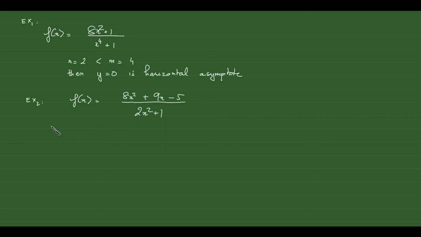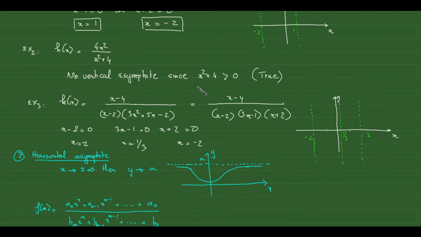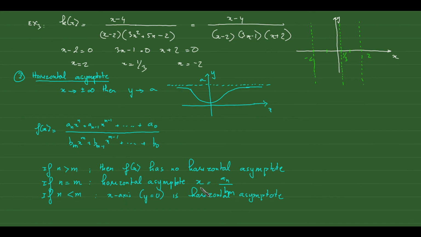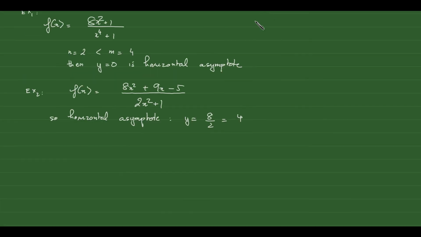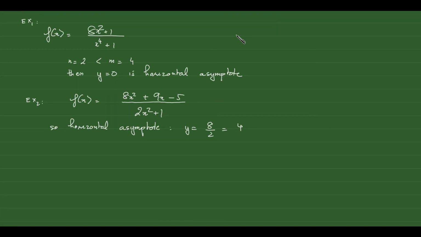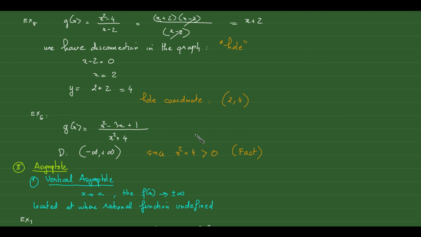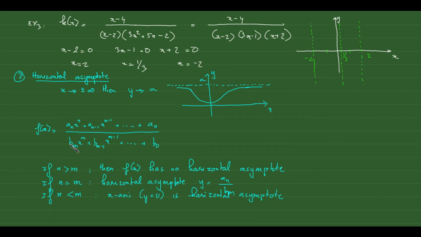So the horizontal asymptote will be y equals this over this, 4 over 2, which will be 2. Look at that. Go back to the rule right here. Oh, I need to change a little bit over here. It will be y, not x, because it's a horizontal line. There you go, I changed it. It will be y equals the coefficient on the top over the coefficient at the bottom.